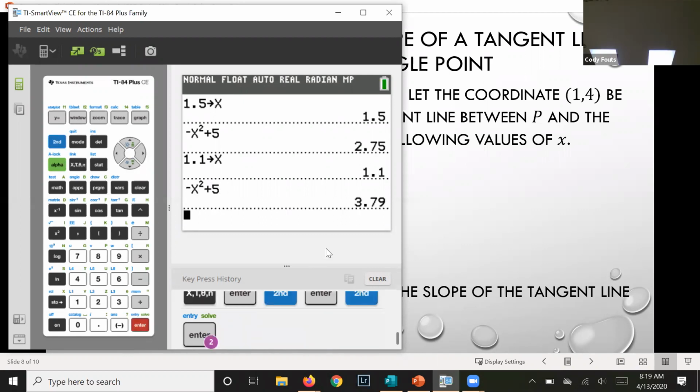And now when I press enter, it evaluates that at the value of x is 1.1. We get that 3.79. So that's a way to save yourself a little bit of time. So as these functions perhaps get a little bit more complicated, you don't have to enter them all in all the time. Or re-enter the function every time when you need to evaluate it at a different value.